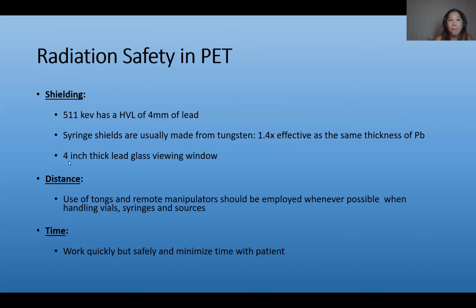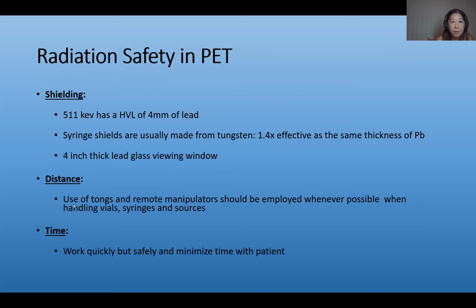And the lead glass viewing windows in the control room and such are made of 4-inch thick lead glass. As you know from our tour as well, they have very thick concrete walls that help to shield the cyclotron.